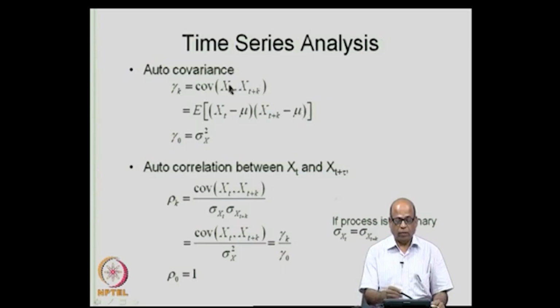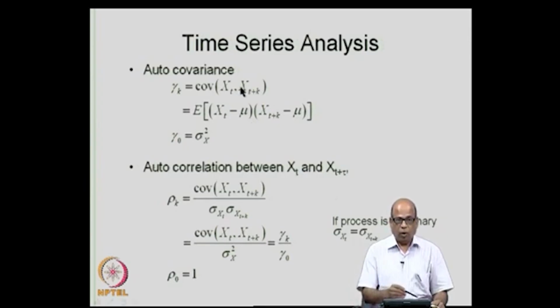So, we are simply replacing x by x t and y by x t plus k. So, from this definition, what happens when k is equal to 0? We are talking about the covariance of x t with x t itself, and that turns out to be, in this particular case, gamma naught is equal to sigma x square, which is the variance.